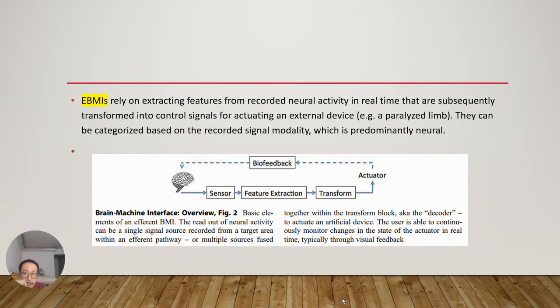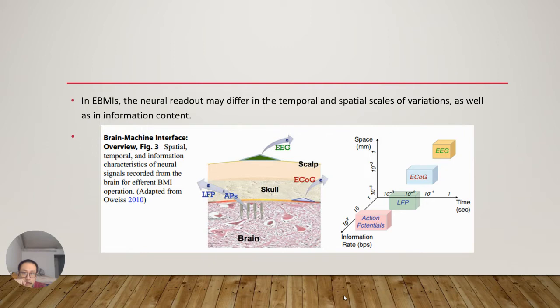They can be categorized based on the recorded signal modality, which is predominantly neural. 大家看一下这张图，这是传出的示意图，大脑传出感觉信号以后，经过特征提取、转化，传输到执行器里。这个 actuator 可以控制外接设备活动，同时它相当于一个人工效应器，大家可以从中得到一些生物反馈，同时看到效果。这就是传出脑机接口的思路。In efferent BMIs, the neural readout may differ in the temporal and spatial scales of variations, as well as in information content.